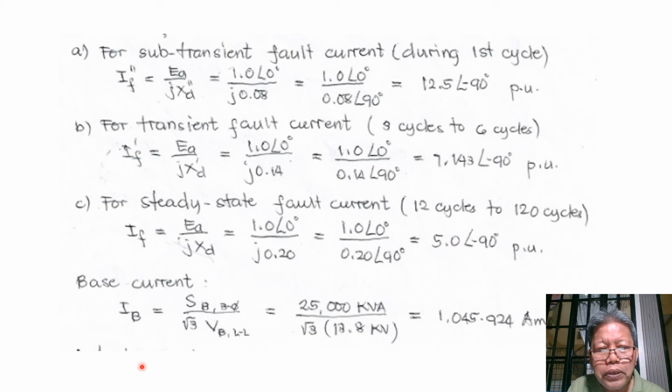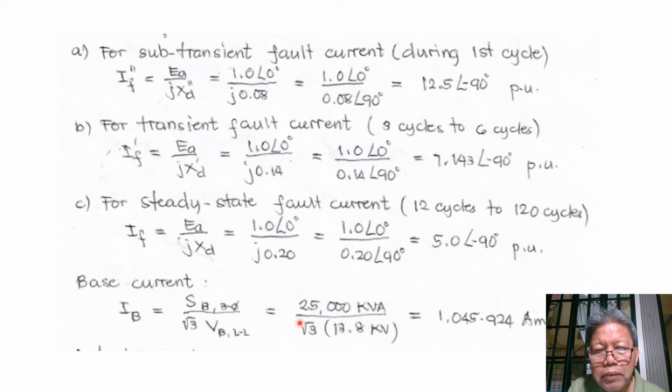Now, computing for the base current at our generator side, this base current I base is just equal to S base three-phase divided by square root of 3 times the voltage base line to line.